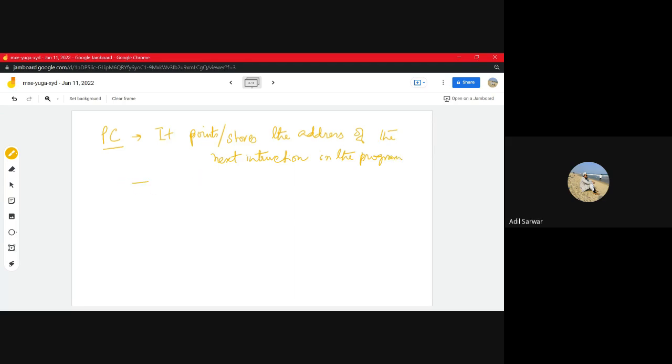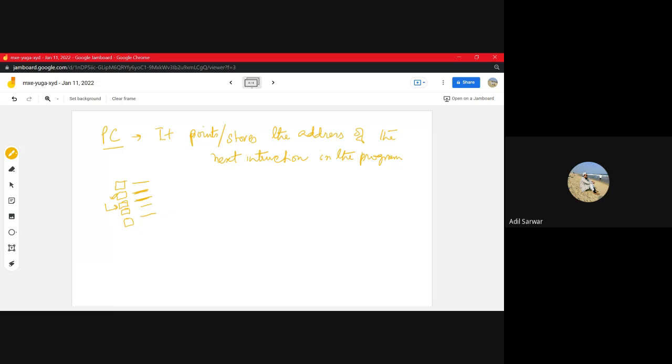So you are writing some program, so that program needs to be stored somewhere. There should be some address of those instructions which you are writing, isn't it? So say this instruction is being executed, so the program counter will now point to the address of the next instruction. Okay, why is it necessary?